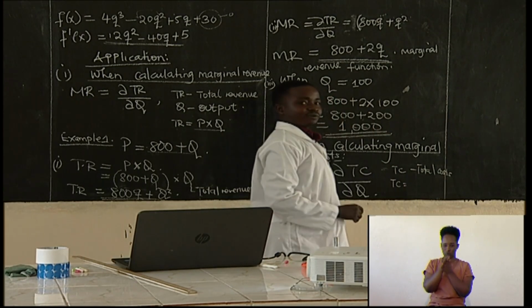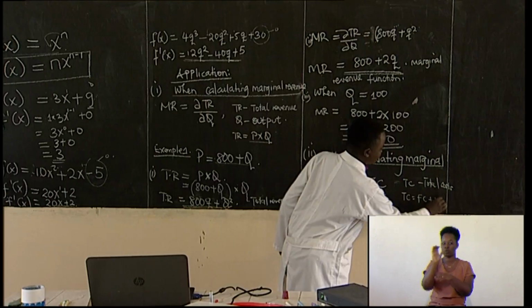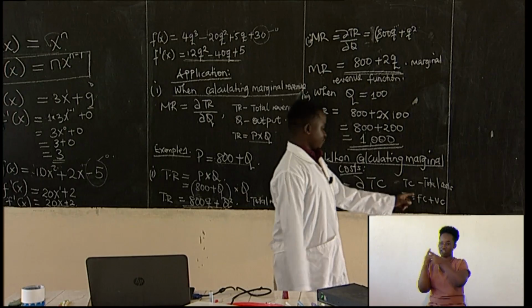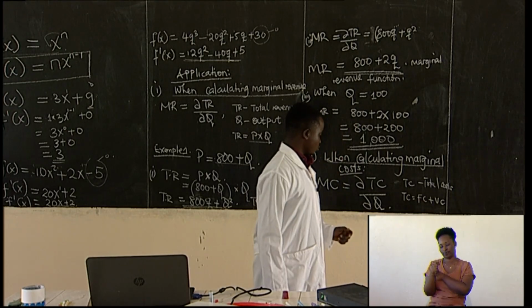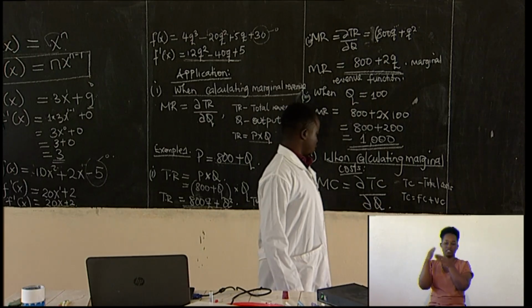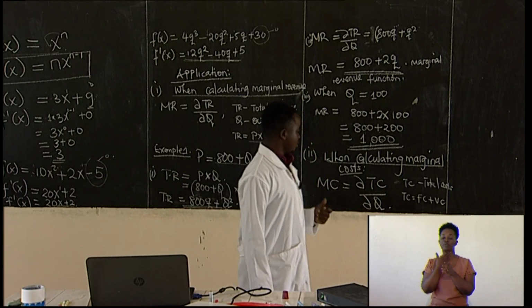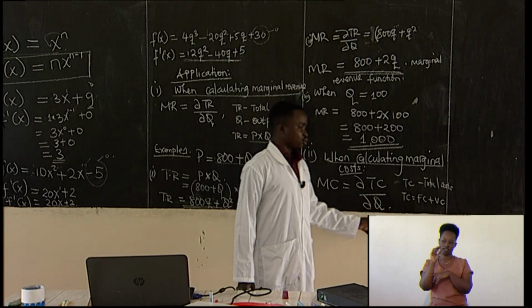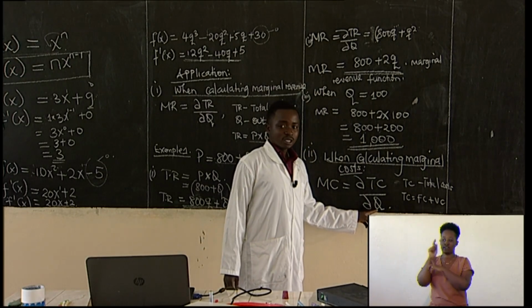You know very well from entrepreneurship senior 4: total cost is equal to fixed costs plus variable costs. If you want to get marginal cost, you differentiate the total cost function with respect to output.